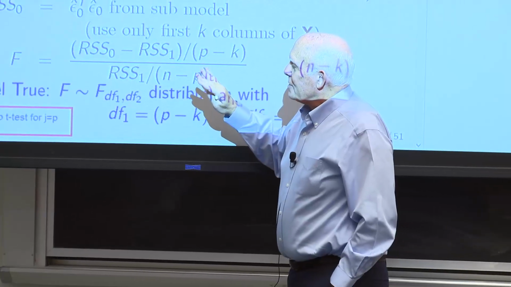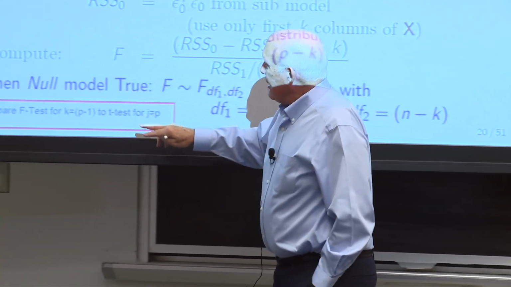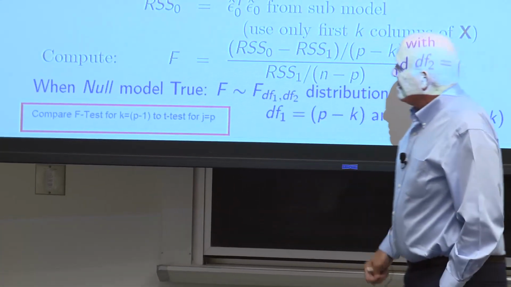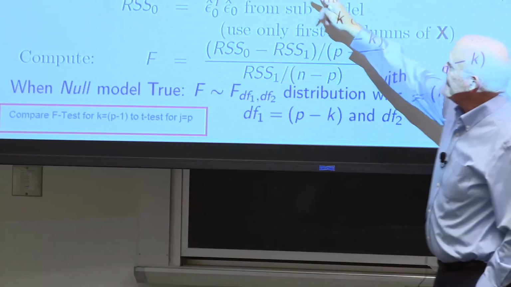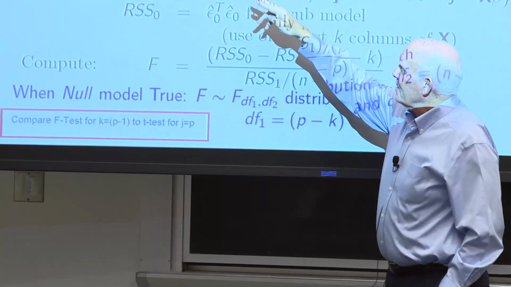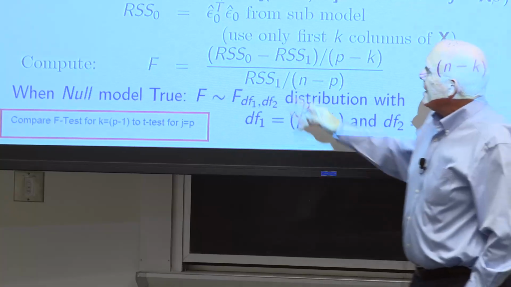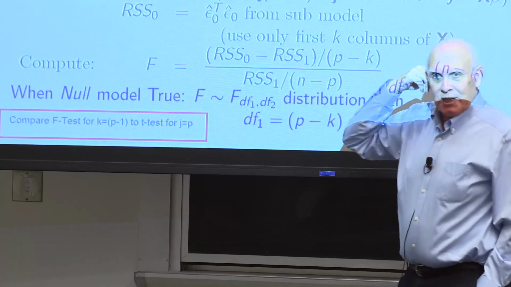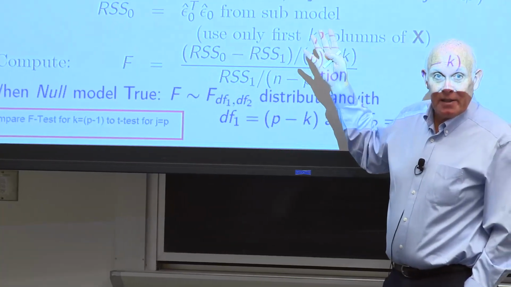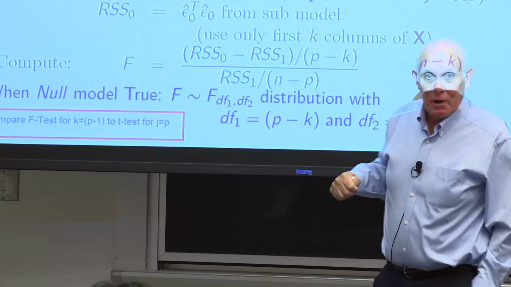Now, what's interesting to highlight is that for the f-test, when k, the number of non-zero coefficients, is p minus 1, then this f-test corresponds to testing whether the pth beta j is equal to 0.